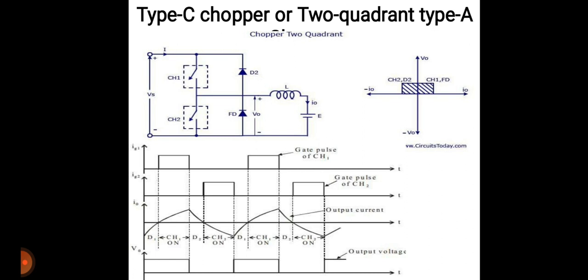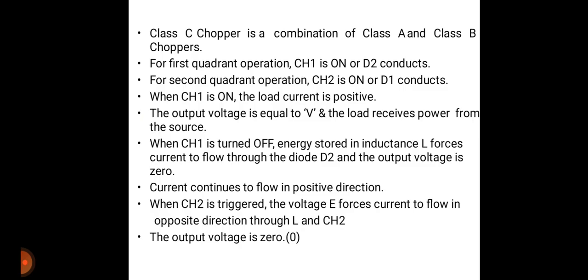This type of chopper configuration is used for motoring and regenerative braking of DC motors. The operating region of this type of chopper is shown in the figure by the hashed area in the first and second quadrants. This is the operation of this chopper.